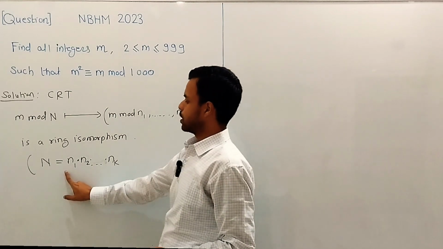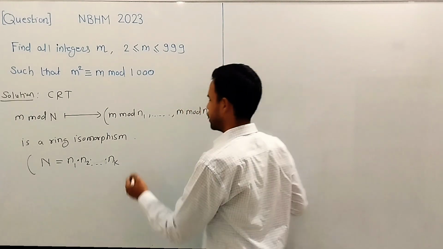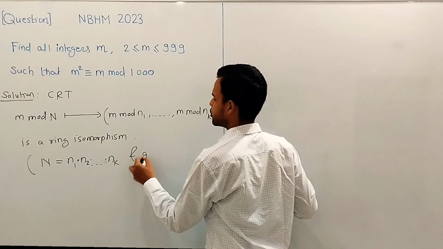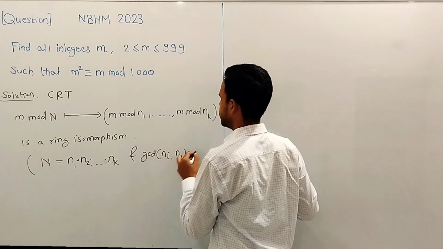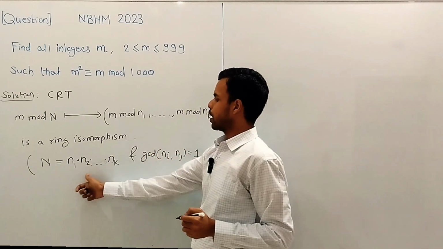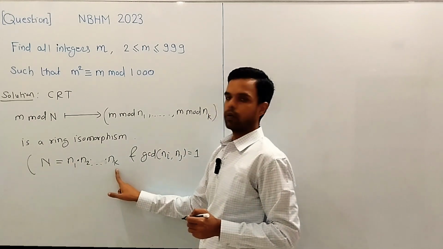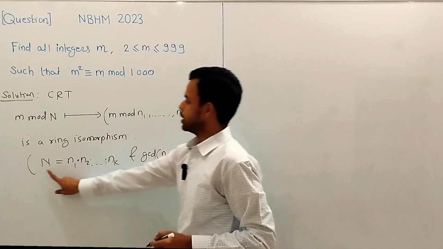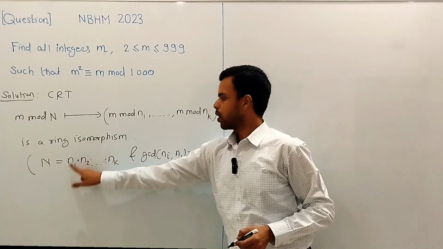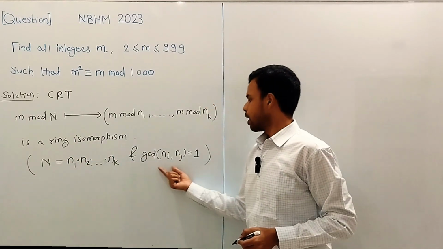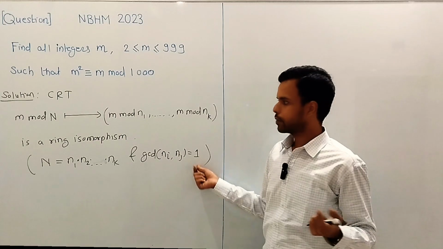These ni's are prime powers and GCD of ni comma nj is equal to 1 for every i, j varying from 1 to k. That is, n is a product of prime powers n1, n2 and so on nk, which are relatively prime also.